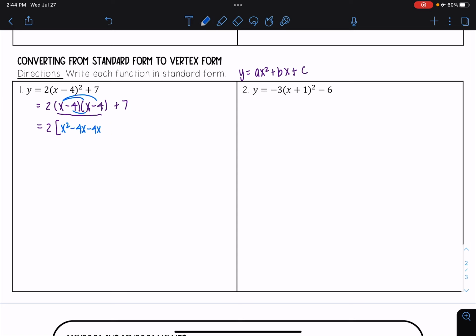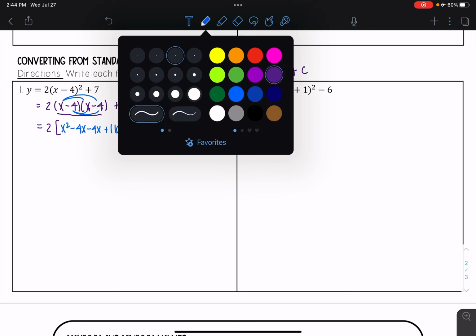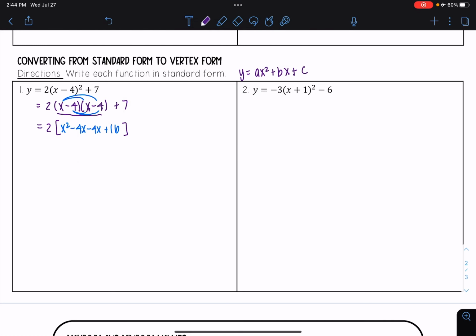And then negative 4 times negative 4 to get positive 16. And so we see we have 2 extra terms when we do that compared to just distributing that exponent. And so combining like terms, I have x squared, negative 4x minus 4x is negative 8x, plus 16.